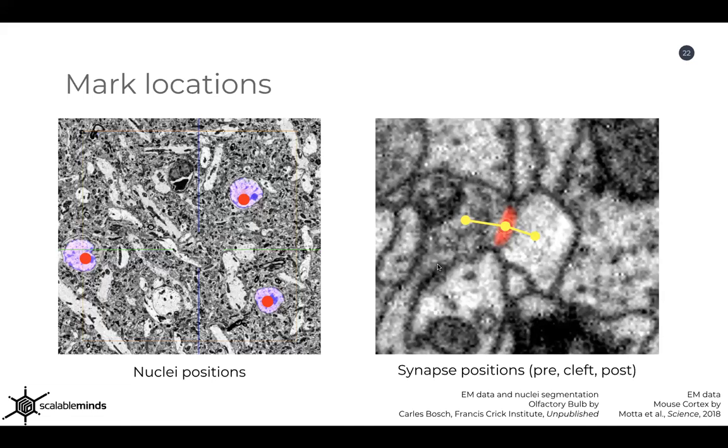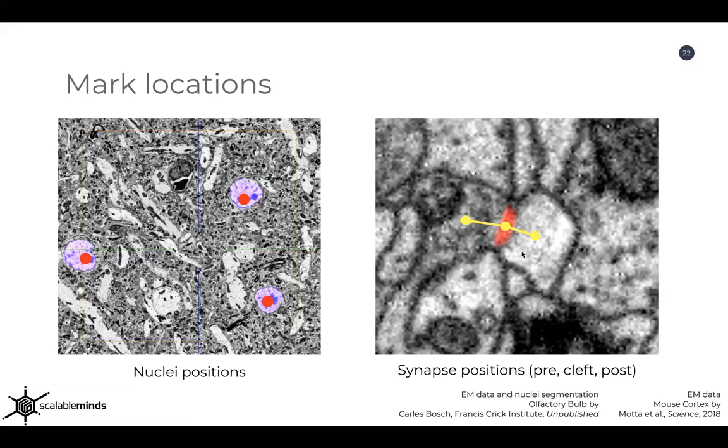And on the right-hand side, you can see a similar annotation where we use small line segments to mark synapses. So this is from a synapse classifier, and you can see in the middle, this reddish tone here is actually the synaptic cleft that has been picked up by our classifier, and we mark the cleft with one dot, and then to the left we have the presynaptic part, and to the right we have the postsynaptic part.